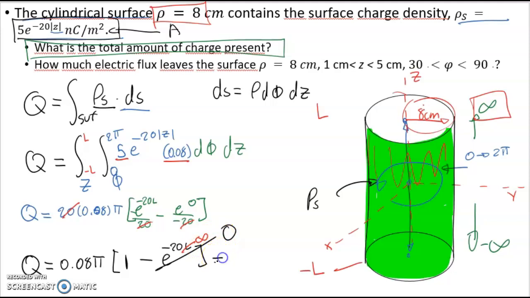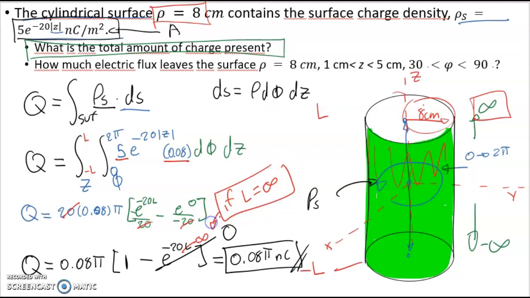In that case, the charge is going to be only 0.08 pi nanocoulombs total. Remember this if L equals infinity. This is what happens, and the final charge is going to be 0.08 pi nanocoulombs.